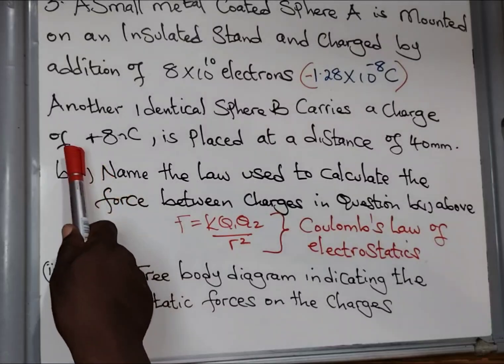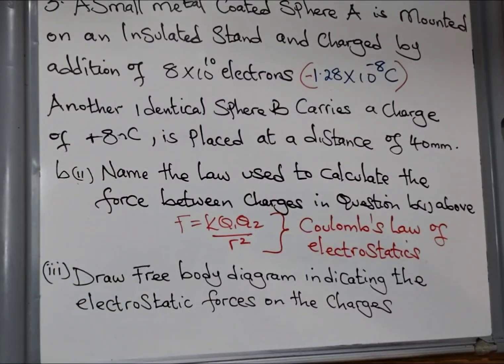And we found out that the charge on B is positive. So we are dealing with unlike charges here. And what do unlike charges do? They attract. So how do we indicate attraction here?